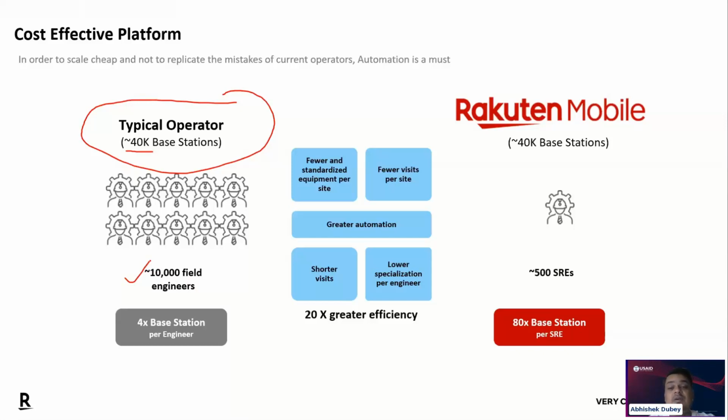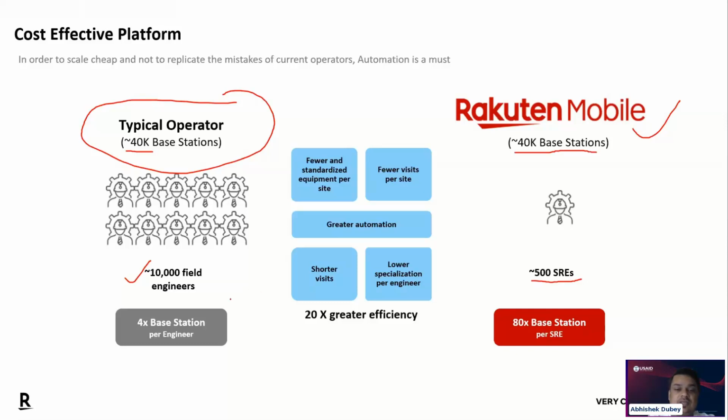They will be using for different work, for site installation, to managing those sites, to integrate those site, everything, the site survey, the RF drive test, all other things. But for us, and we have already verified that with 40K base station deployment in the Rakuten Mobile, we only required 500 specialized engineers.